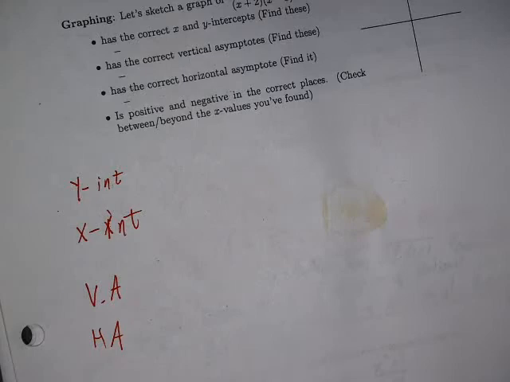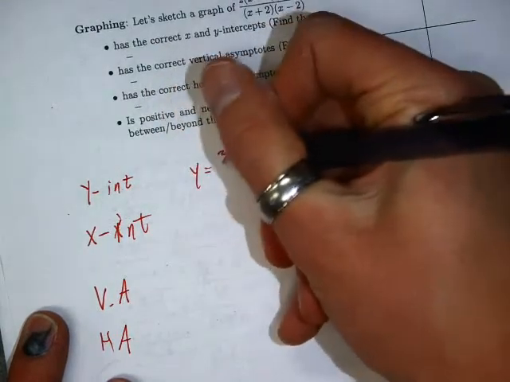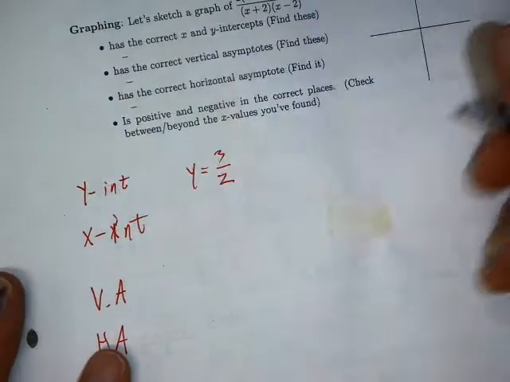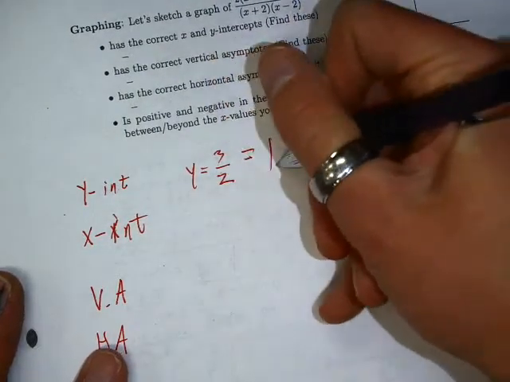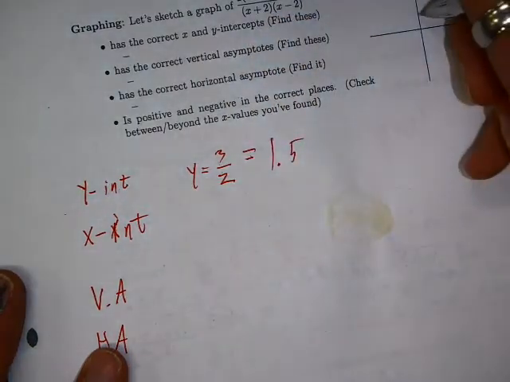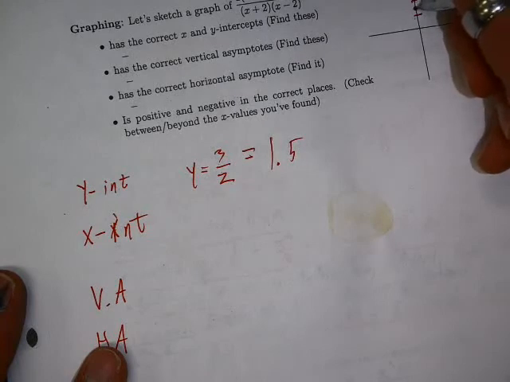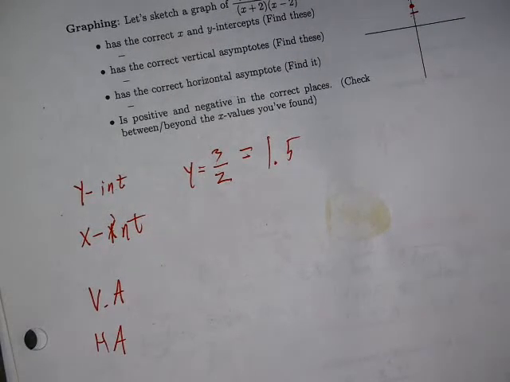Positive 3 halves. Right, negative divided by a negative is positive. Do people want me to talk through that? Okay. Seeing no heads nodding, we're happy. So y equals 3 halves, or if you like, 1.5. There's that y-intercept. All right, x-intercepts.